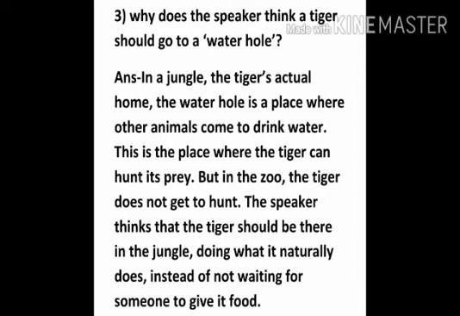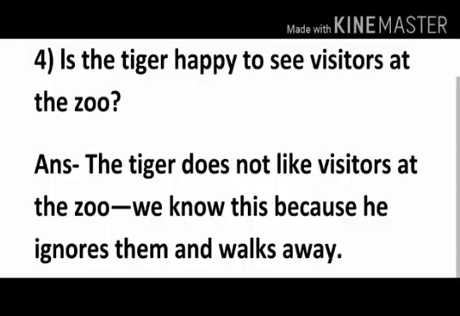This is a place where the tiger can hunt his prey. But in the zoo, the tiger does not get to hunt. The speaker thinks that the tiger should be there in the jungle doing what it naturally does, instead of waiting for someone to give it food.